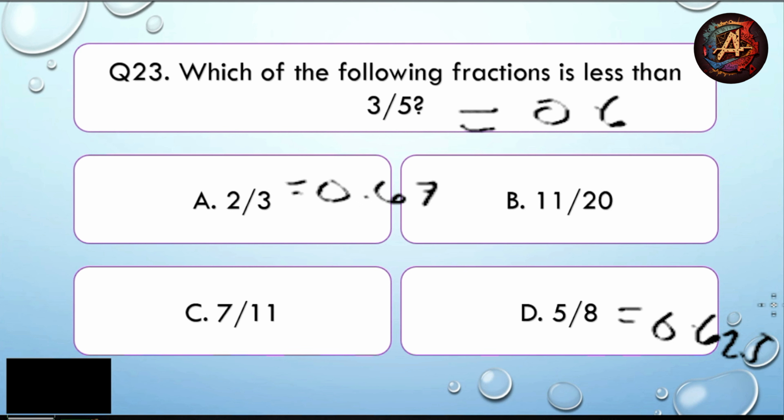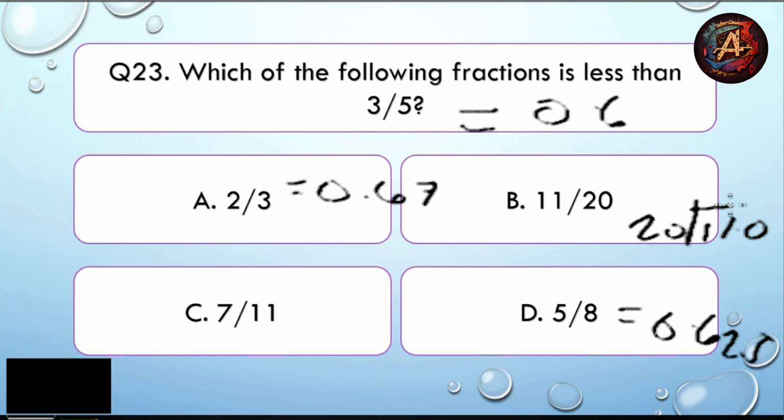So how do we know which among the two, 11 over 20 and 7 over 11, is bigger? 11 over 20 is 11 divided by 20, and 7 over 11 is 7 divided by 11. For 11 over 20, 20 is the divisor and 11 is the dividend.